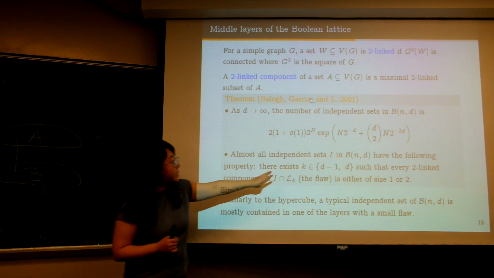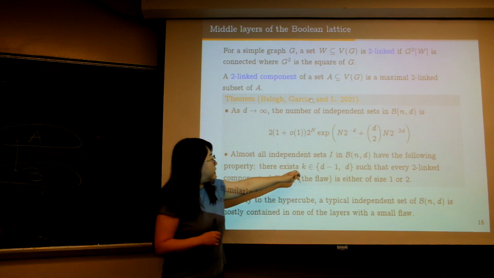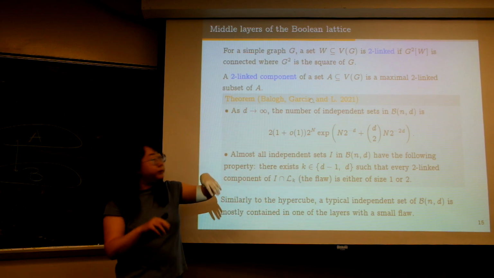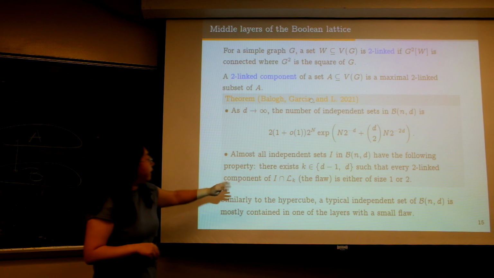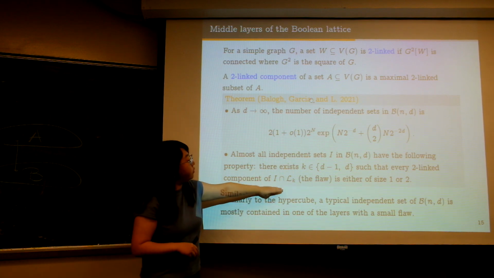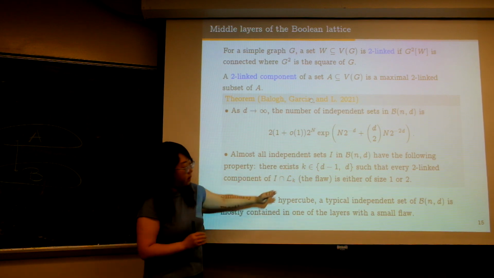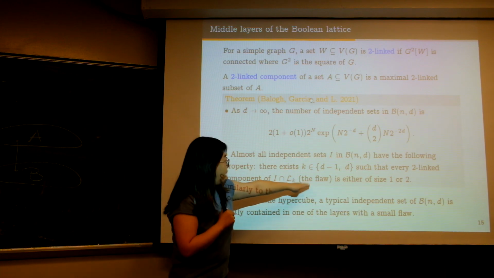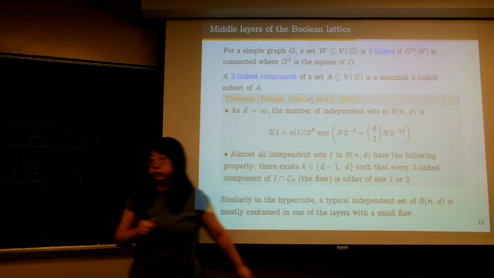There exists a K, which is either the D layer or the D minus 1 layer, such that every two-linked component, if you think about the intersection of the independent set with that layer, is either of size 1 or 2.